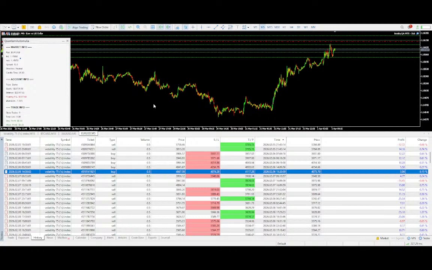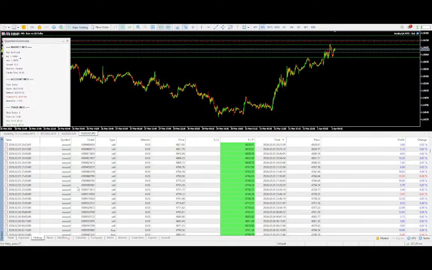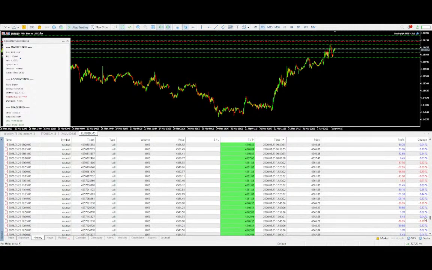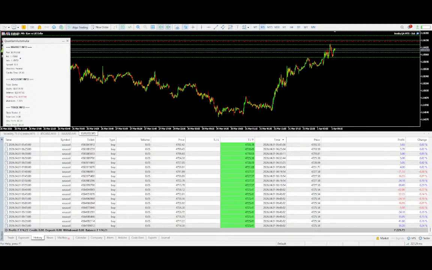Symbol XAUUSD, and we have 7K as the total profit it has made. Sorry, let me move that down. Okay. So we have XAUUSD 7,000.